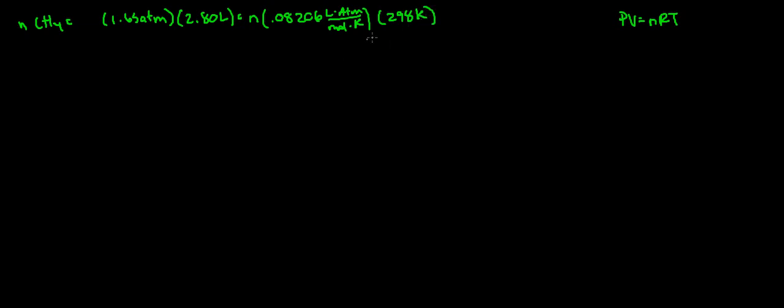It's a simple algebra problem, and n ends up being 0.189. Now that I have that, I need to find the moles of oxygen, and then after that I'll look for which one is the limiting reactant.